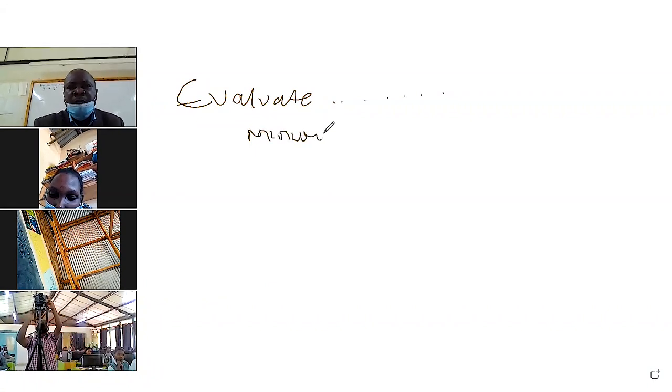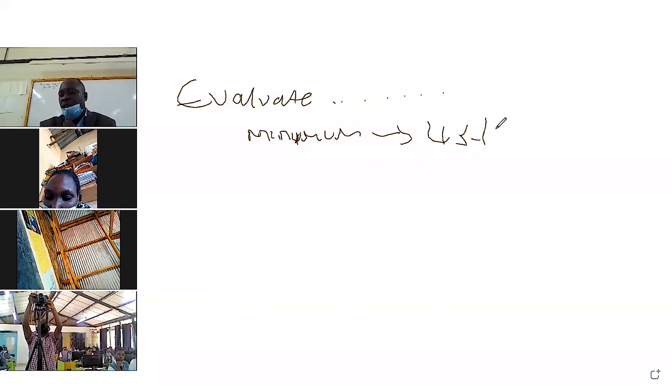What the examiner expects you to do is work with all the figures, to the minimum number of figures you are supposed to operate with. The minimum is supposed to be 4 significant figures. You work with 4 significant figures at all times. You can work with more, but you need to work with a minimum of 4 significant figures.